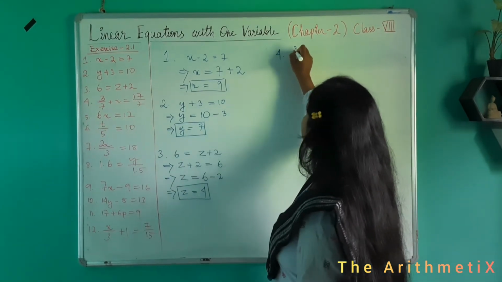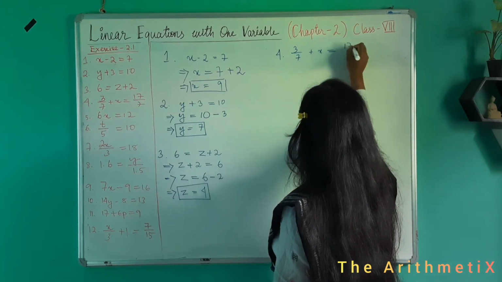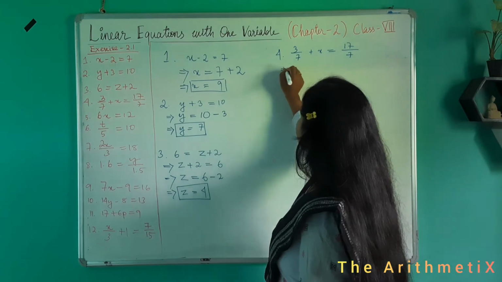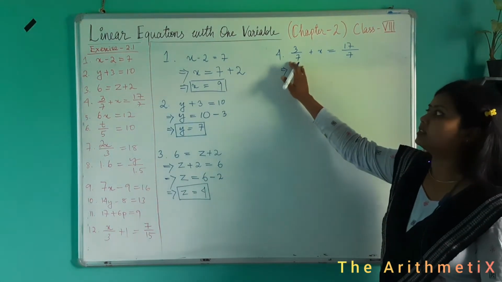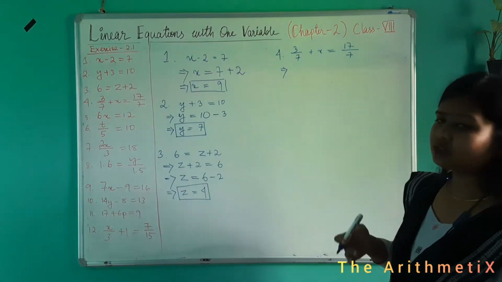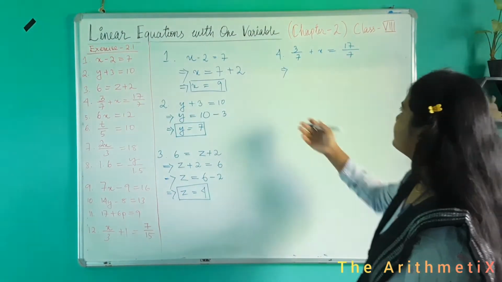This is 3 upon 7 plus x equals 17 upon 7. Now see, our variable x is present along with a fraction, not a whole number or integer. It is a fraction, so it is also very easy. Transpose the entire fraction to the other side. That's simple.